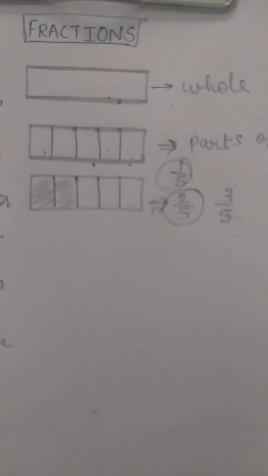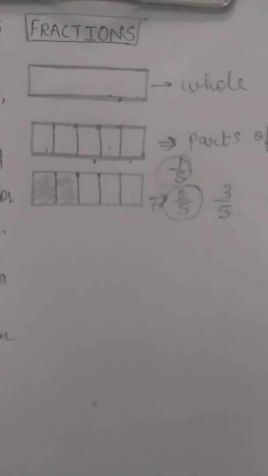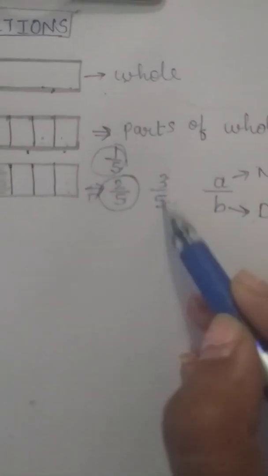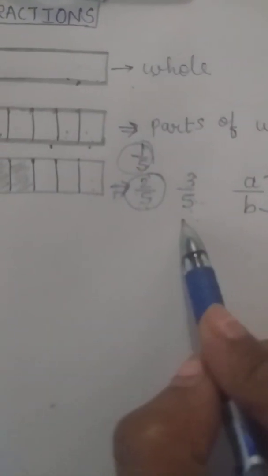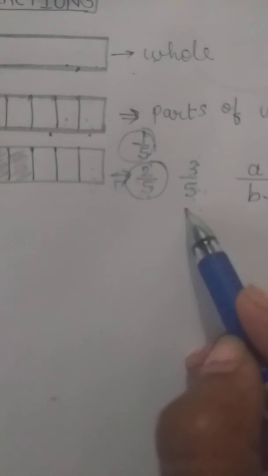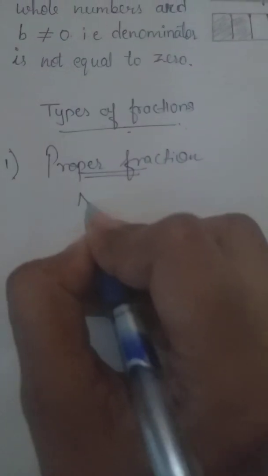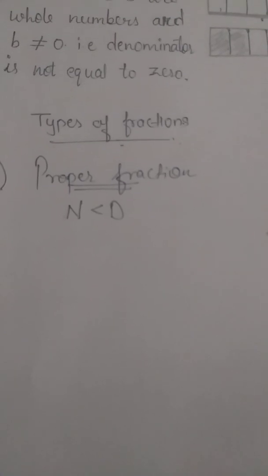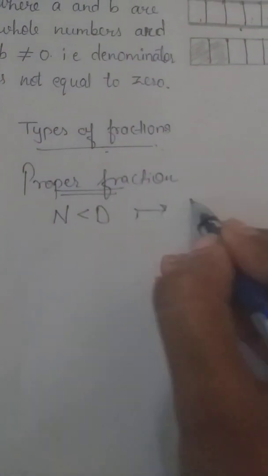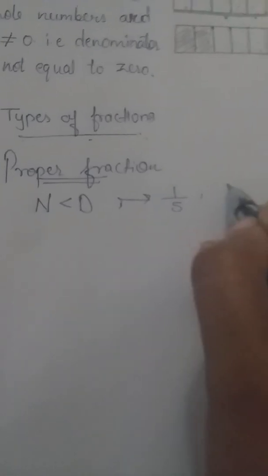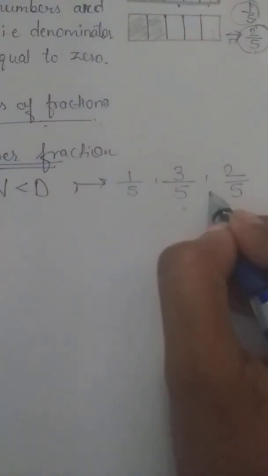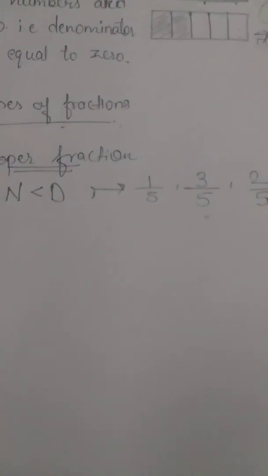We look at fractions in which the numerator is less than the denominator. See, the numerator is less than the denominator in each case. So a proper fraction has the numerator lesser than the denominator, that is 1/5, 3/5 and 2/5.